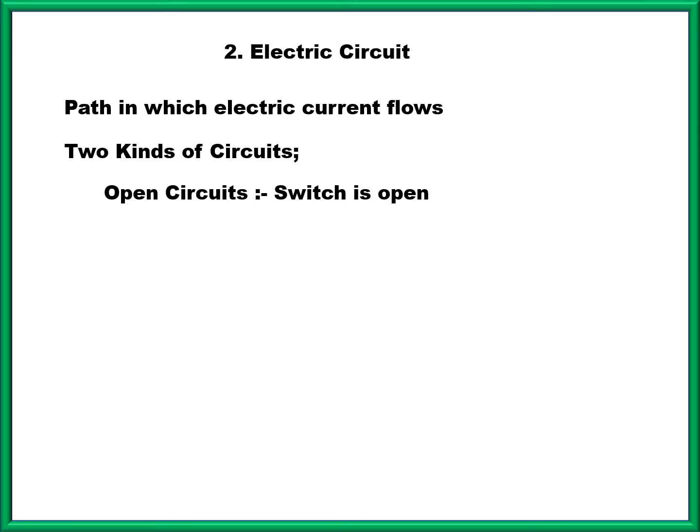So open circuit means your better understanding is that you always understand open circuit means switch is open. See this circuit. In this circuit, this represents a key. We are going to learn the components later on. So for now, you just understand that this shows that it is an open circuit. This part is open. So in an open circuit, switch or key is open.